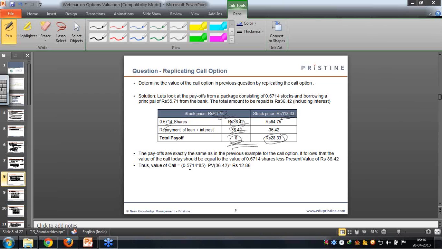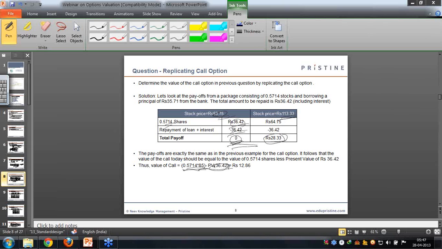The value of this portfolio can be found using 0.5714 of 85, which is the current price, minus the present value of the payment that you are making, 36.42, which is the amount you are paying after 6 months.